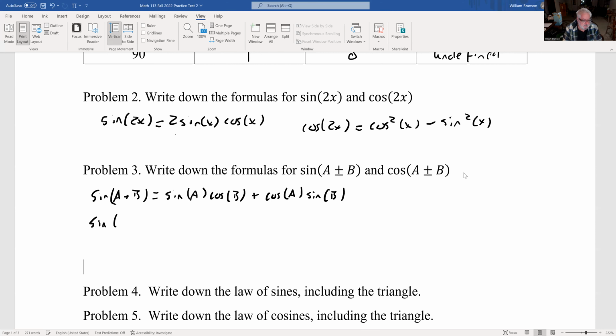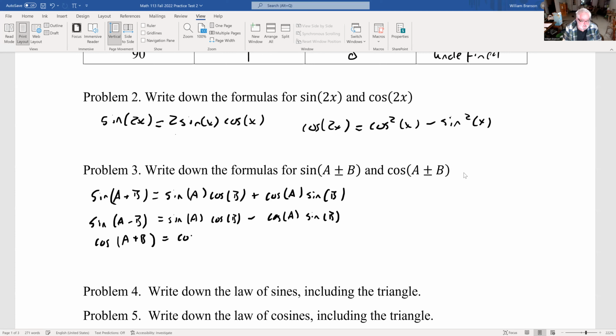Sine of a minus b is the same thing, except for a minus sign there. Cosine of a plus b is cosine a cosine b minus sine a sine b.